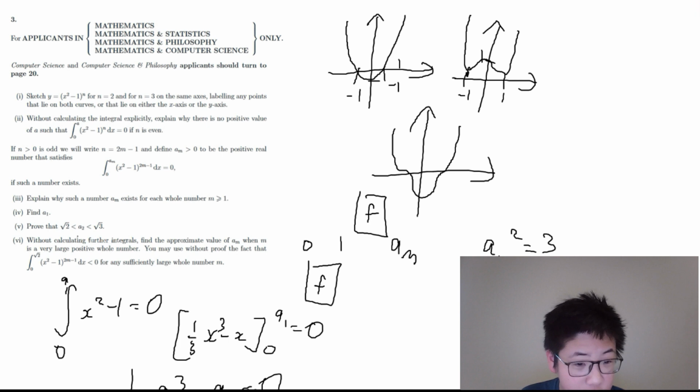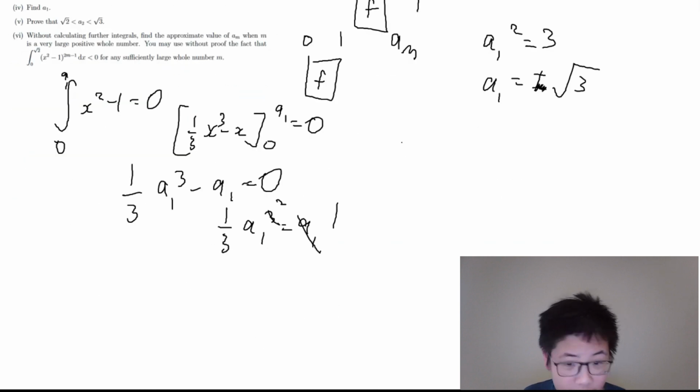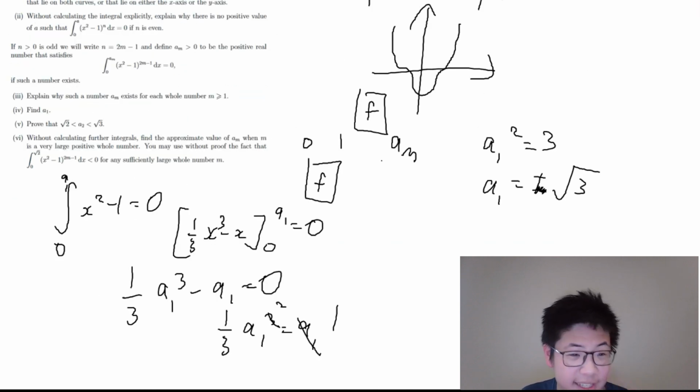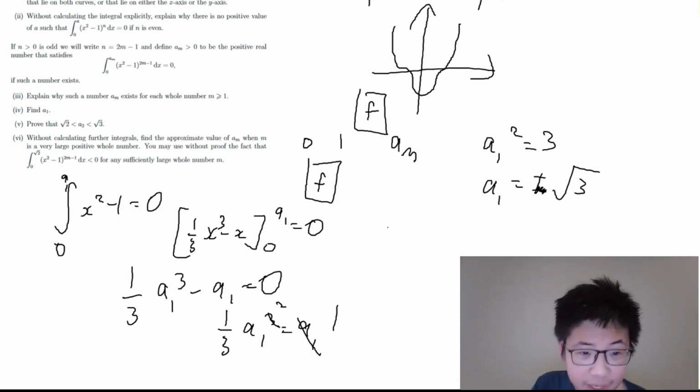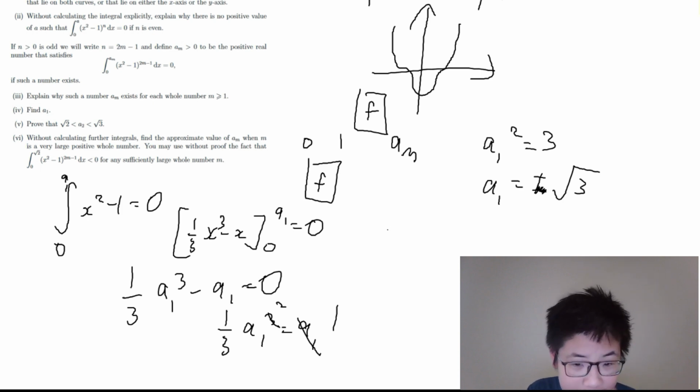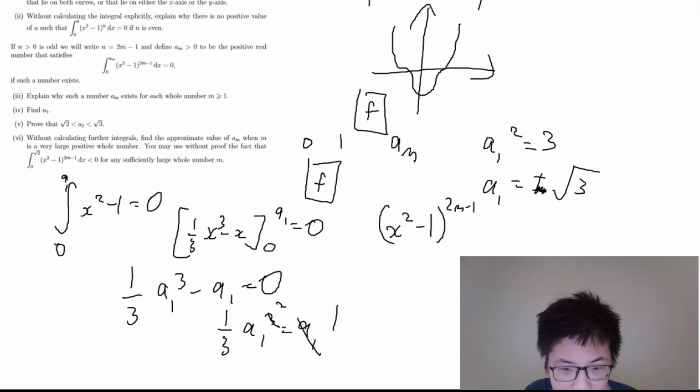Prove that square root of 2 is less than a_2, which is less than square root of 3. Well, we are now going to solve part 6 in conjunction with part 5 because this is probably the simplest way to do it. So, when m goes toward infinity, we can just show that x squared minus 1, raised to the power of 2m minus 1.